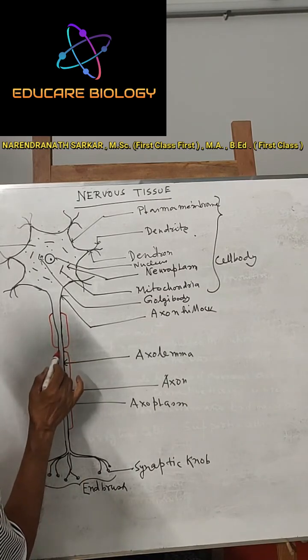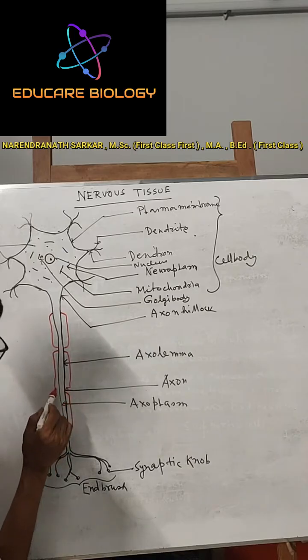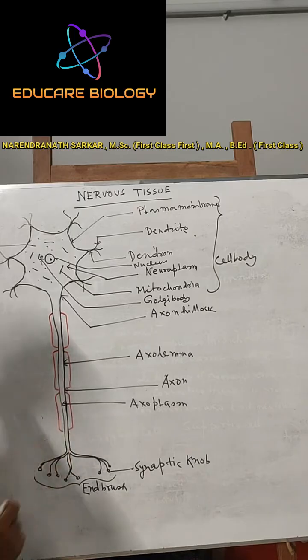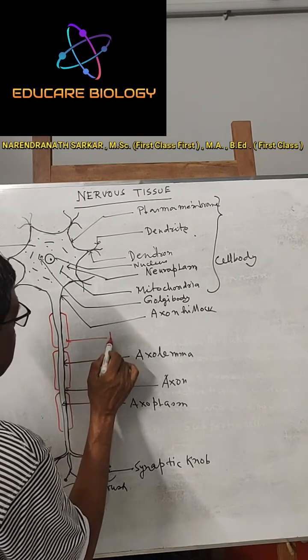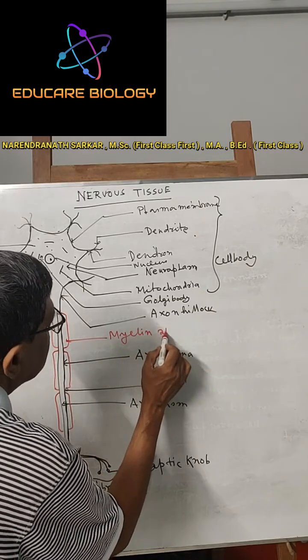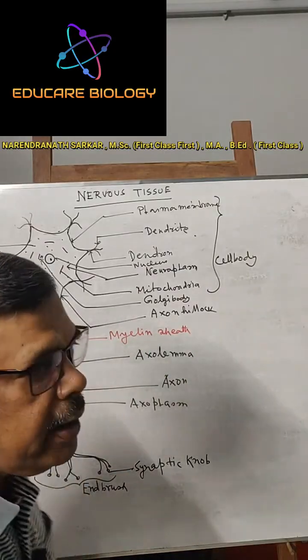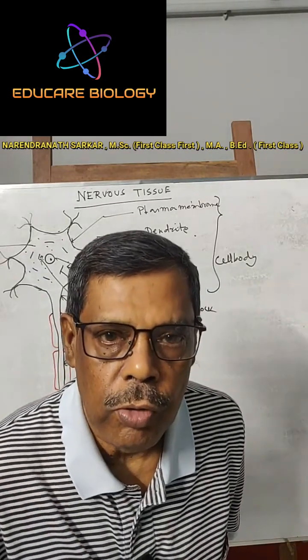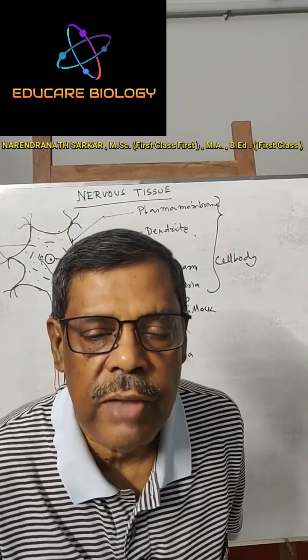It is composed of fat, so a white color may be found. The myelin sheath is found only in medullated neurons, but in non-medullated neurons, the myelin sheath is absent.